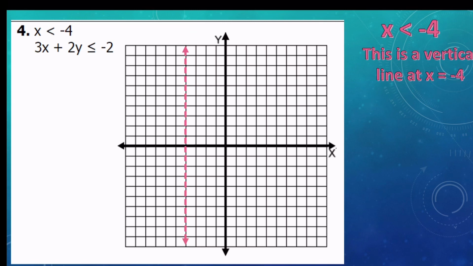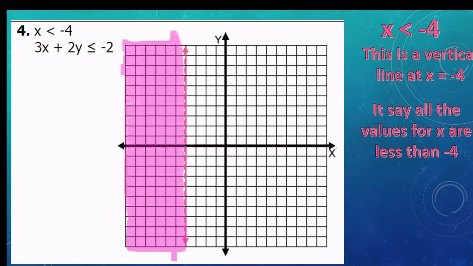I still pick a test point, okay? You can pick any x value and plug it into x. But what the inequality is really saying is all the values of x are less than -4. So if you look, everything on this side is less than -4.